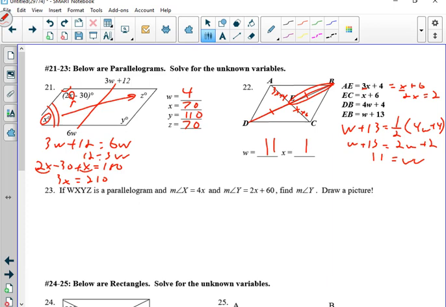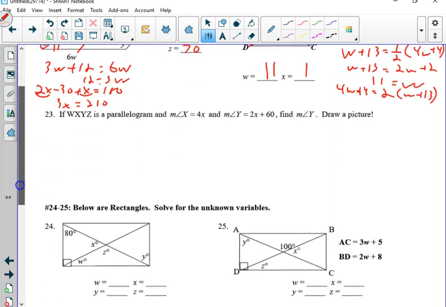That would just give you 2w plus 26 and 4w plus 4. It would have been about the same amount of work. Another way to write this problem out is to say that 4w plus 4 is twice w plus 13. Same problem, just with or without a fraction. It would have gotten you to the same answer, 11.